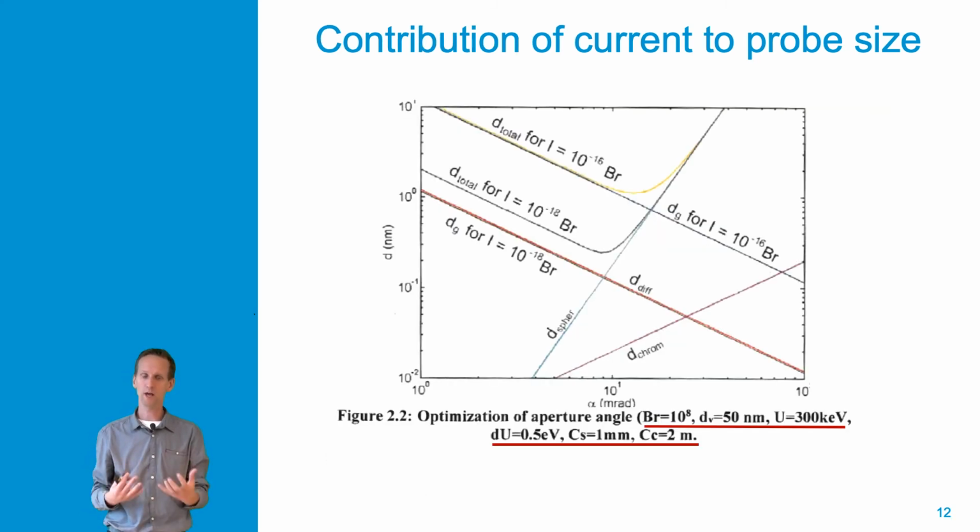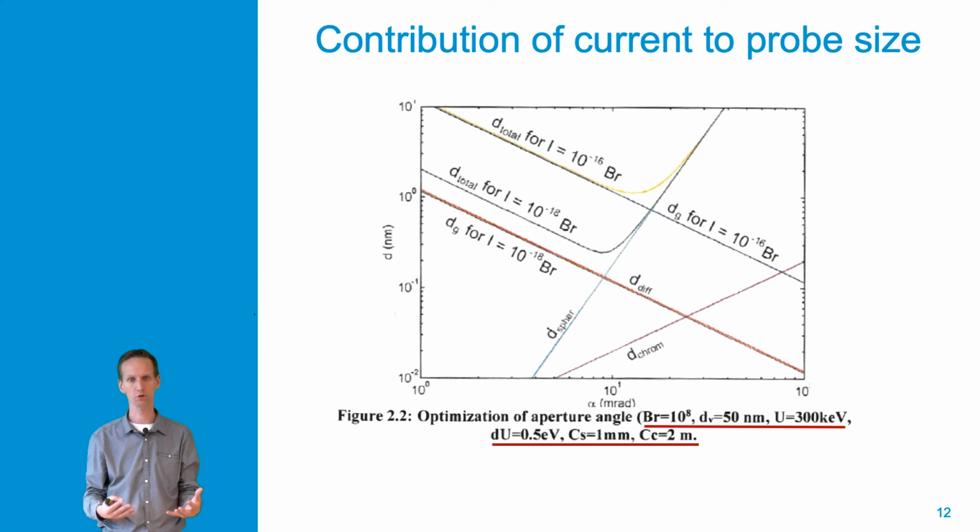So now, if we have certain operating conditions of our microscope, for instance, a certain reduced brightness, which is a source property. You see that depicted here in the caption of this figure, a reduced brightness of 10 to the power 8, which is a typical factor for a high brightness source.